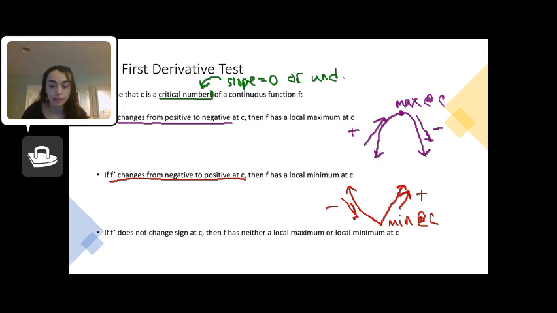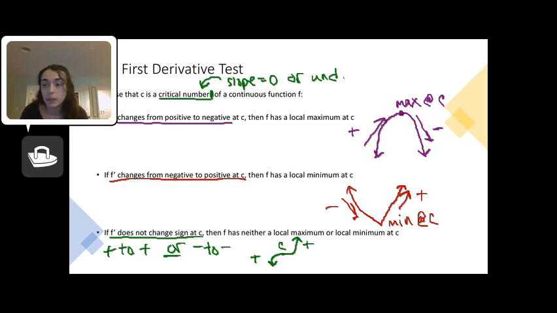And then lastly, we have that if f prime does not change sign at c, this means it either goes from a positive to a positive slope or a negative to a negative slope. A positive to a positive slope would look like this. We're hitting 0, but besides that, our slope is staying positive, but 0 at c, or undefined, but most likely 0 in this case.